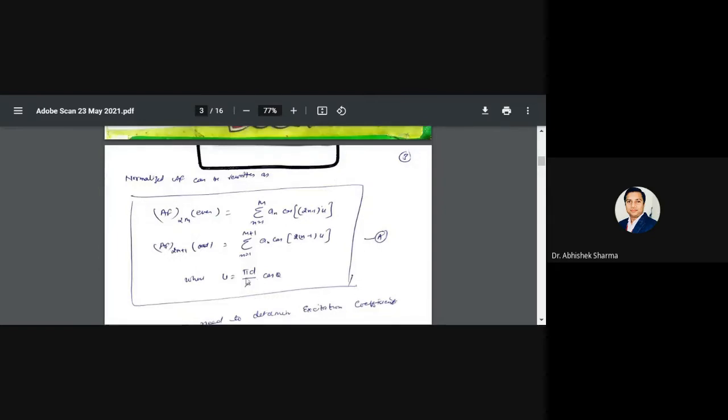Because you already have d is equal to lambda by 2, this lambda will be cancelled out. You will put n is equal to 10 over here, and a1, a2 up to a10 you have already found. So you will put that into this equation and calculate the array factor.